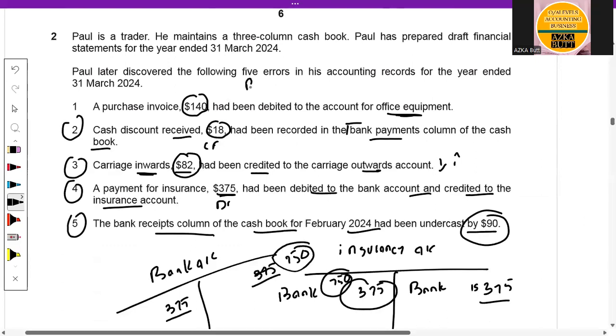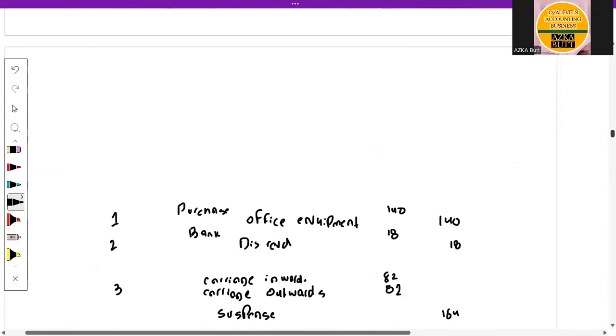So you have increased your purchases, which also increases your cost of sales. If cost of sales increases, it will decrease the GP. If GP decreases, it will decrease your profit also. That's why we have to deduct the 140.